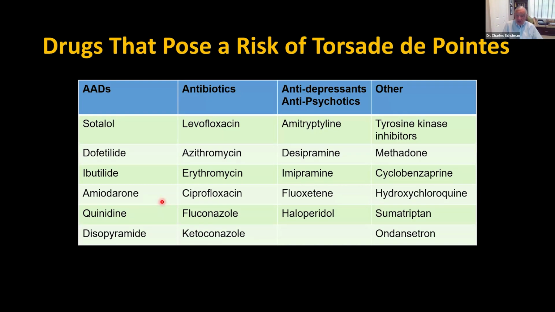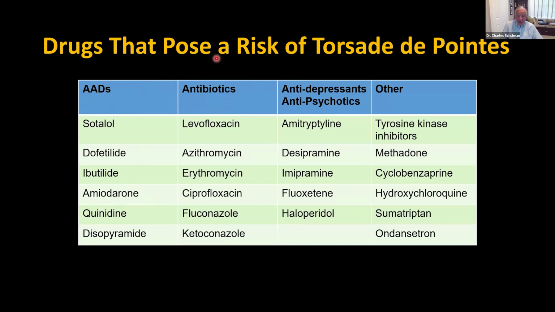These are some of the drugs. The full list of drugs is about a page and a half long, single spaced. But these are some common drugs that pose a risk of torsade. Antiarrhythmic drugs.